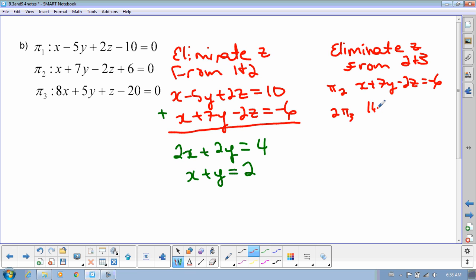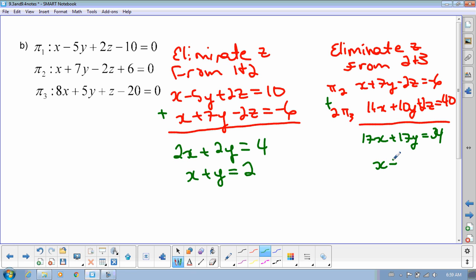So I get 16x plus 10y plus 2z equals 40. Okay, so when I do this here, the z goes away, so I'm going to add. So x plus 16x is 17x. 7 plus 10y is plus 17y. Z goes away, and negative 6 plus 40 is 34. So when I reduce this, I'm going to get x plus y equals 2.